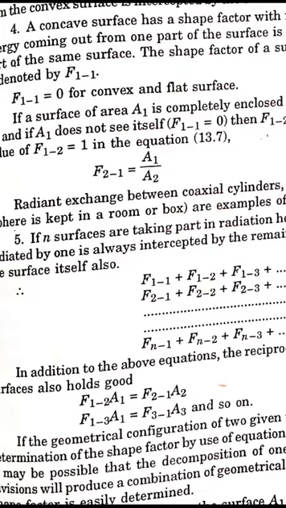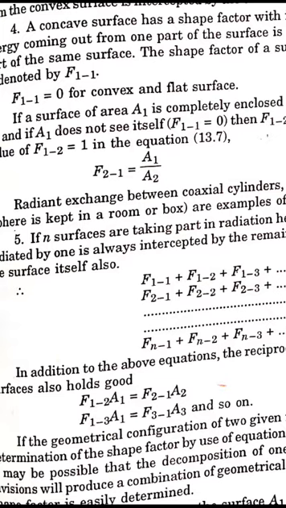Consider concentric cylinders having inner radius 1, outer radius given by 2. Then F12 will be equal to 1, because whatever radiation energy is emitted by the inner area will be intercepted by the concentric outer cylinder.